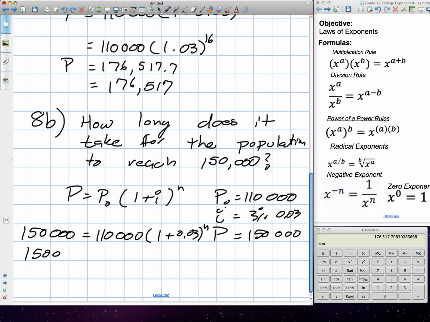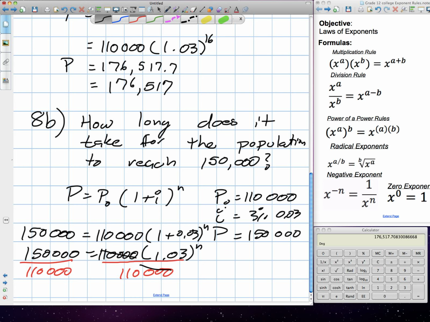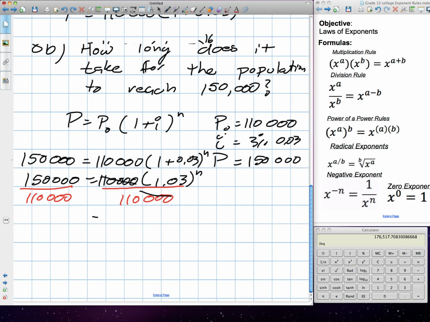Now, I need to isolate as best I can. I'm going to move 110,000 to the other side, which means I have to divide both sides by 110,000. When we do that, these two cancel out, and we're going to get 1.03 to the power of n is equal to 150 divided by 110.